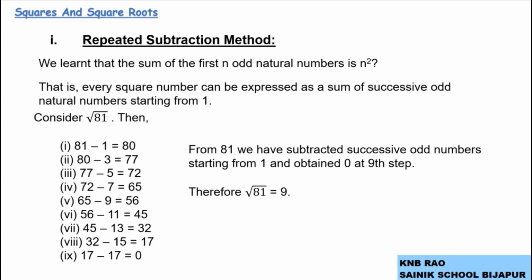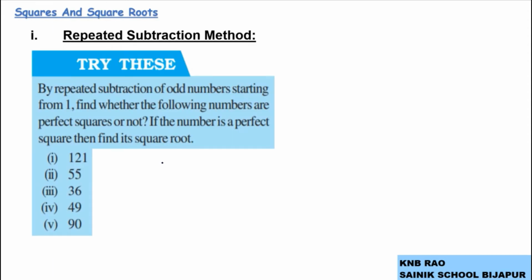We learned how to find the square root of 81, which is 9, since at the 9th step it becomes 0. Now, in our previous session I gave you homework. Try these. I hope you have done these questions. I will discuss in brief these 5 questions and go ahead for today's session.